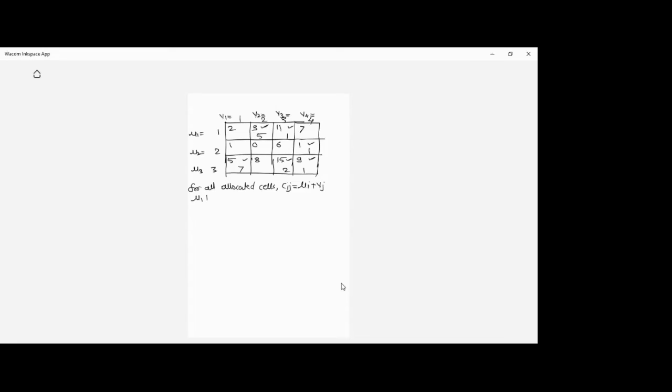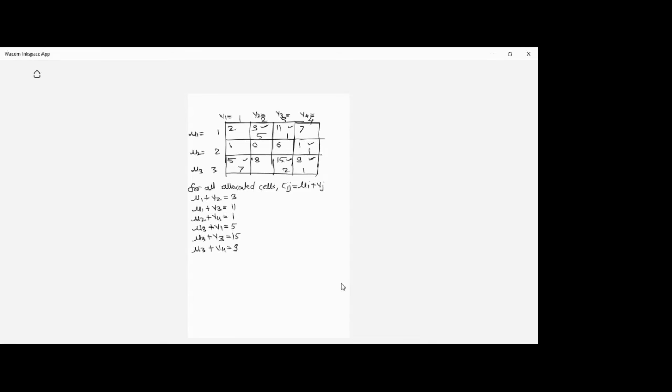So we can write U1 plus V2 is equal to 3, U1 plus V3 is equal to 11, next U2 plus V4 is equal to 1, U3 plus V1 is equal to 5, U3 plus V3 is equal to 15, U3 plus V4 is equal to 9. So we have got 6 equations.